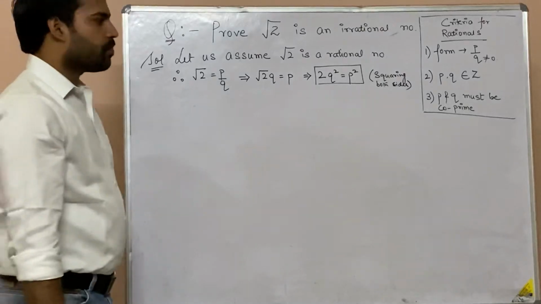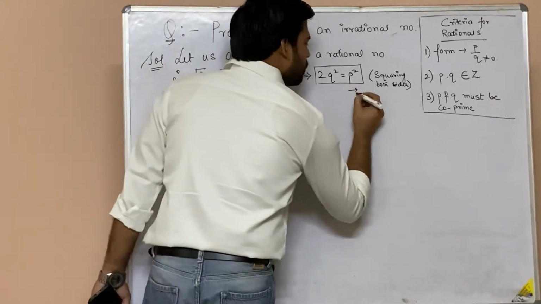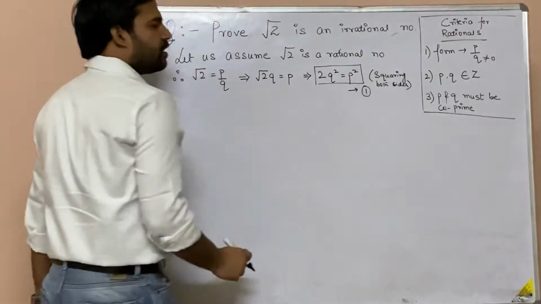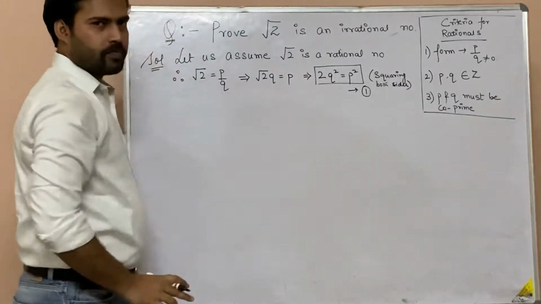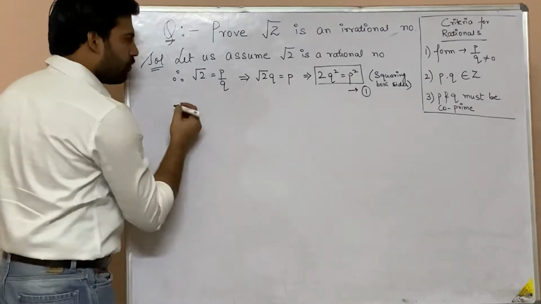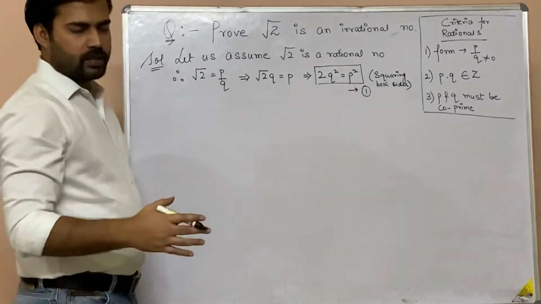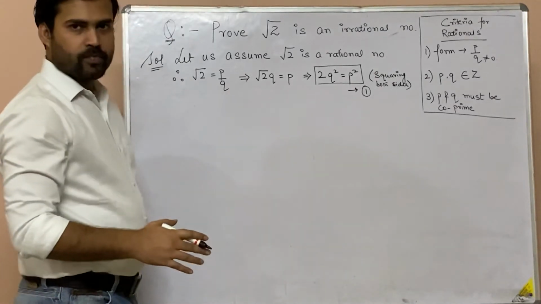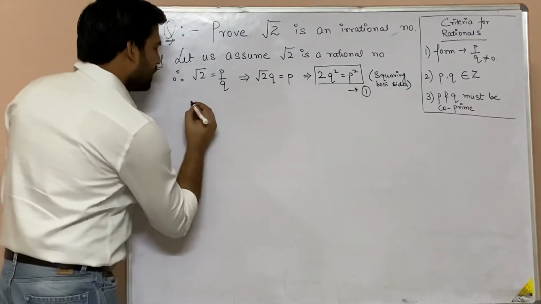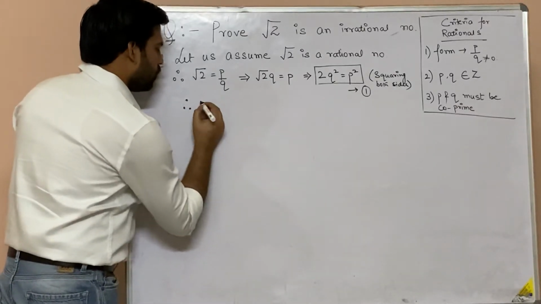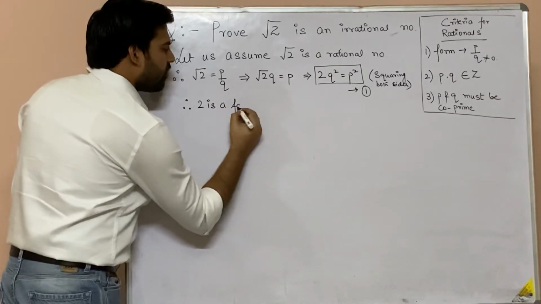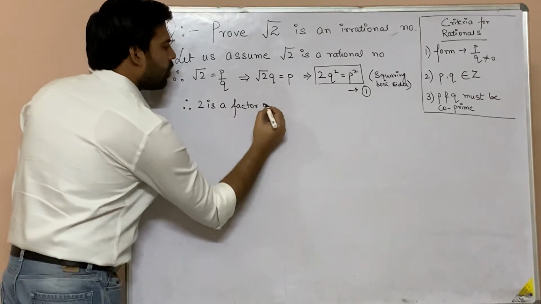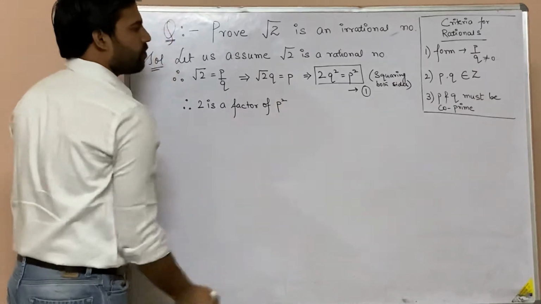Am I clear to you? Consider this statement to be equation 1. Now, according to the fundamental theorem of arithmetic, what I can say is that 2 is a factor of p square.